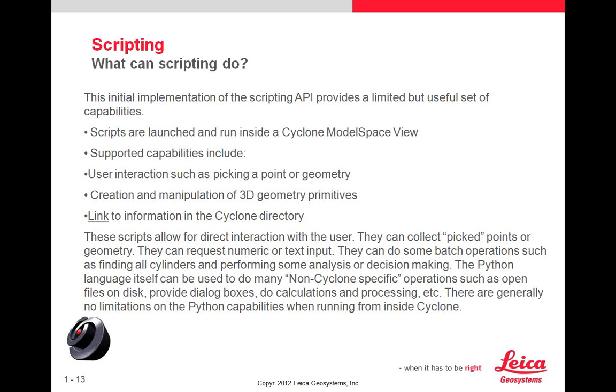We've really opened up Cyclone. Currently, we support picking and placement of 3D primitives. This will, of course, increase in scope and size as time passes, and we're even thinking about having people, Mike, maybe turn in scripts for the user conference? Yes, I am working on that.